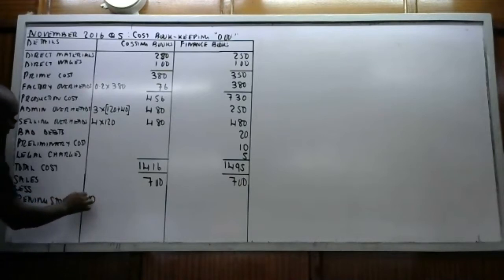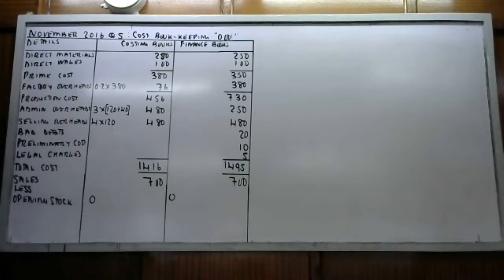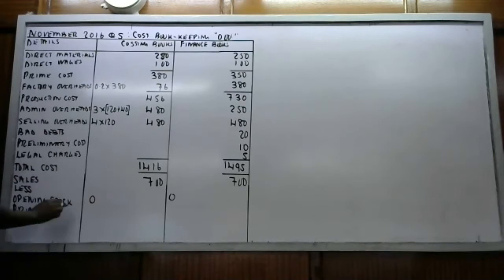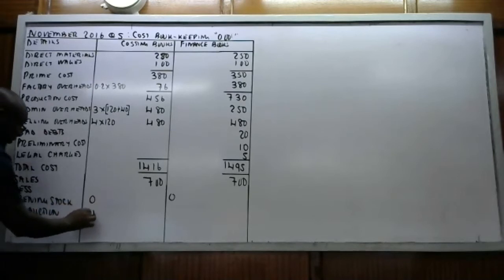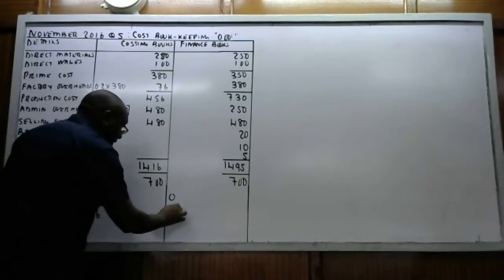Opening stock we don't have anywhere. Then production. Production, we now bring these costs: 14, 16, 14.95.